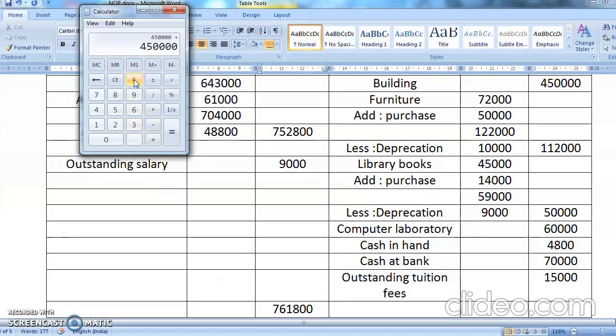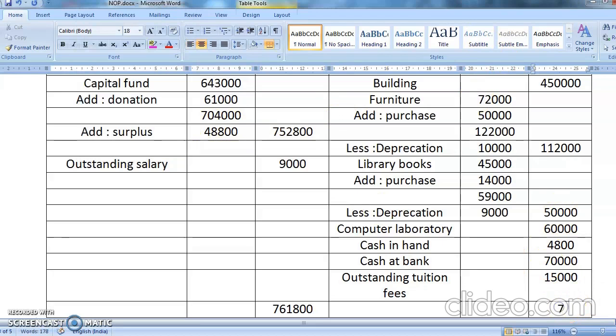So 4,50,000 plus 1,12,000 plus 50,000 plus 60,000 plus 4,800 plus 70,000 plus 15,000. So your asset total is also the same. It is 7,61,800. So students, it is getting tallied.